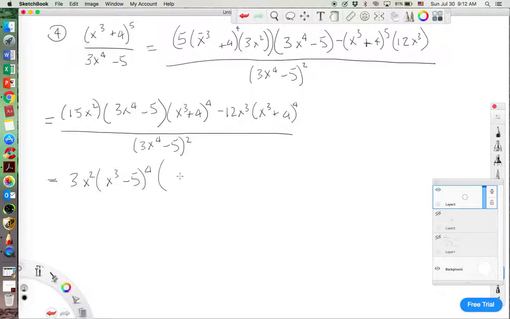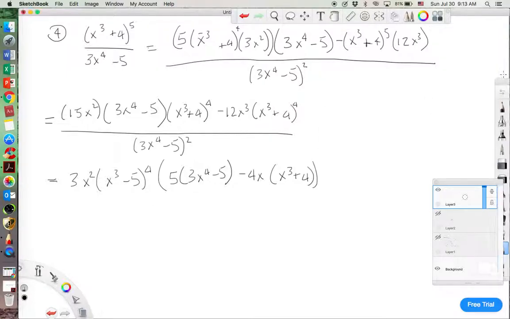And that's all times 5 times 3x to the 4th minus 5 minus 4x times x cubed plus 4. And I notice I made a little error here.